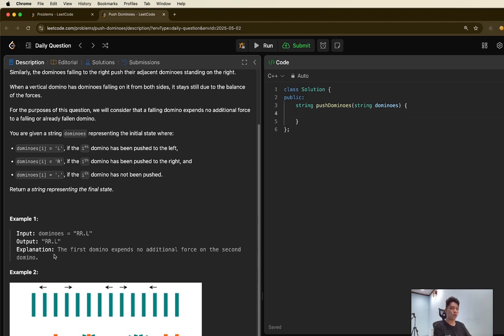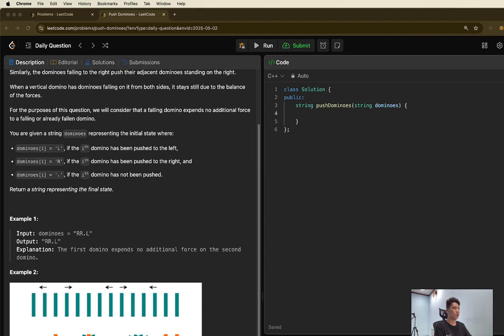Okay, let's start from left to right, from the first domino. Okay, let me sketch. First and second, this example.